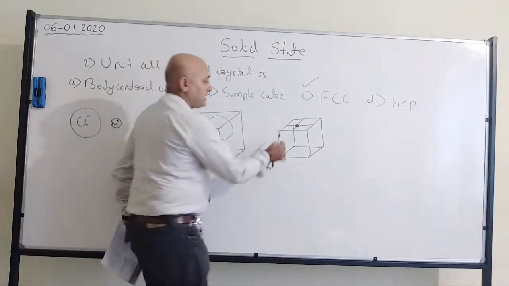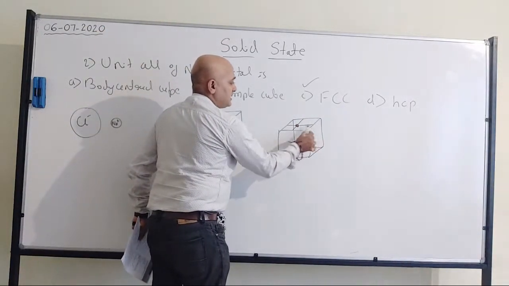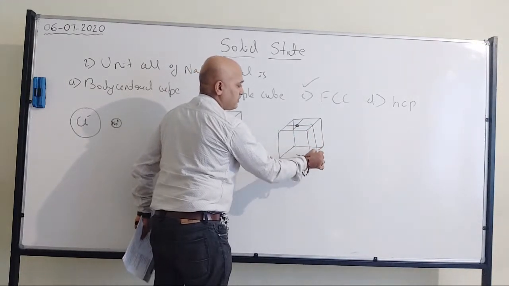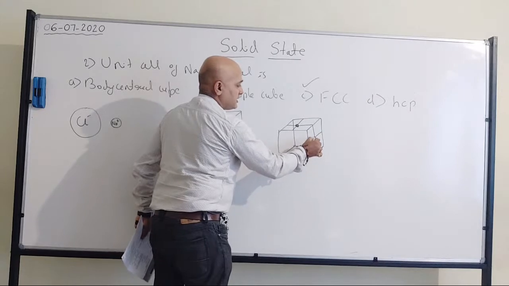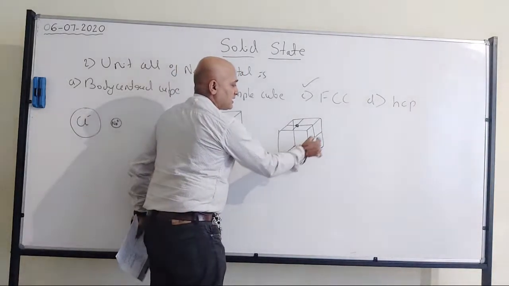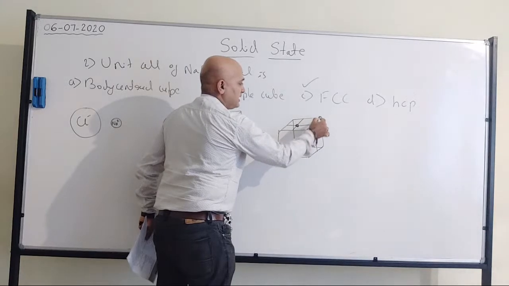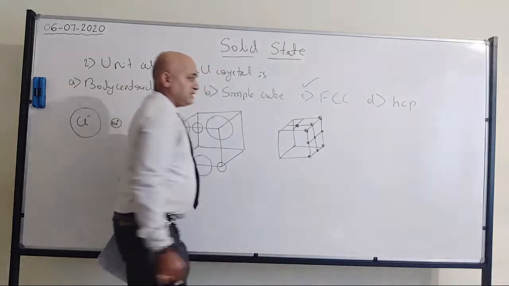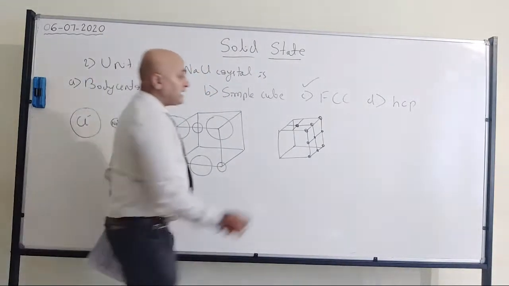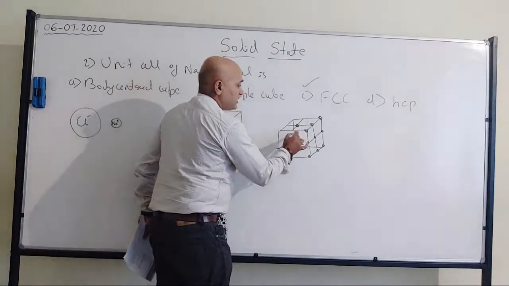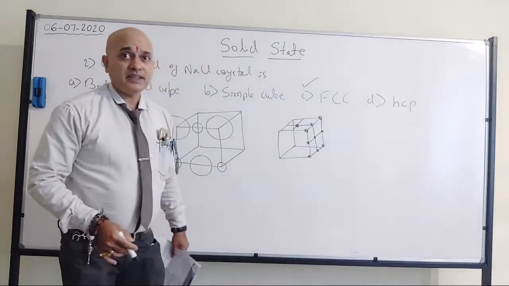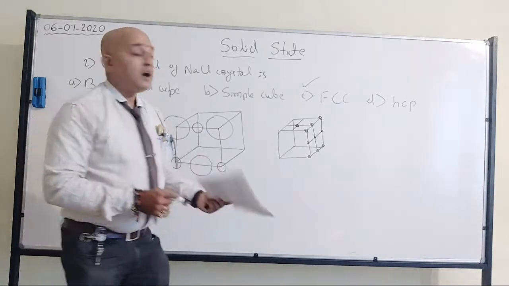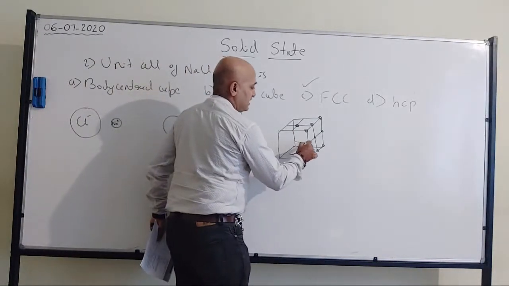So corner, center of the edge and along with the face center, everywhere it will be arranged like this. Like that the NaCl crystal structure will be arranged. Therefore I can split one particular cube into multiple cubes, and that's where I can see here.